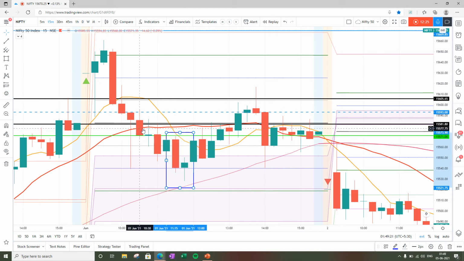The size of this candle is almost twice the size of the other candles of that day. The body of the candle is almost 85%, and the next candle which forms is bullish. So the trend is down. You find a bullish candle, you enter here, keep a stop loss below this candle, you got this trend. And then here you find a wick, classic wick, and then again you go back.